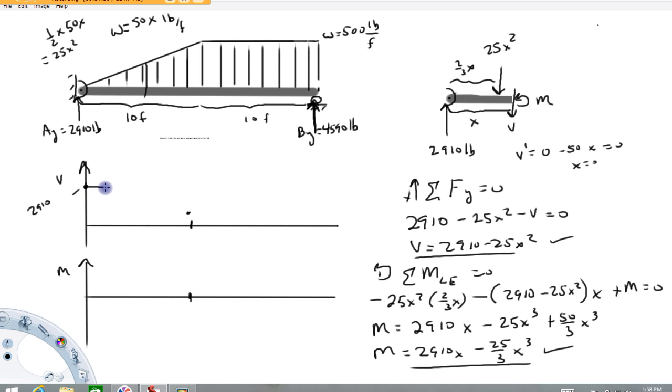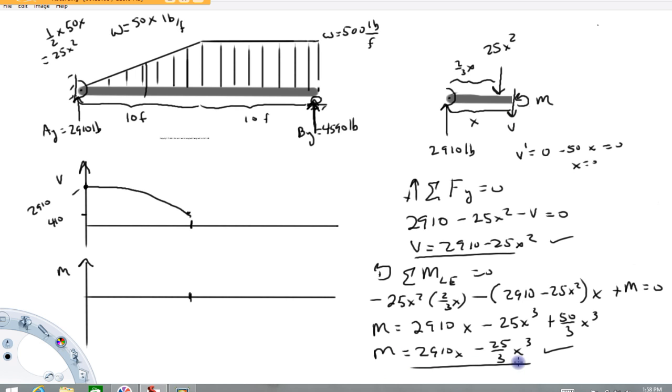And I know it's quadratic, opens down, so maybe something like this. Not the best curve I've ever drawn, but good enough for now. And again, this value, where did I find it? Was 410 pounds. Now you'll notice these are positive, and what that means is I've got the shear in the correct direction on my free body.